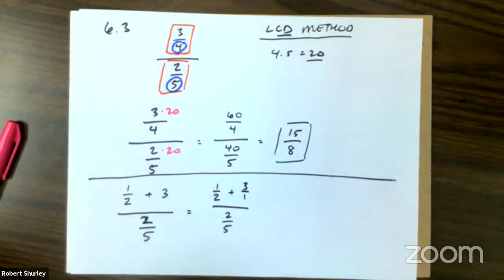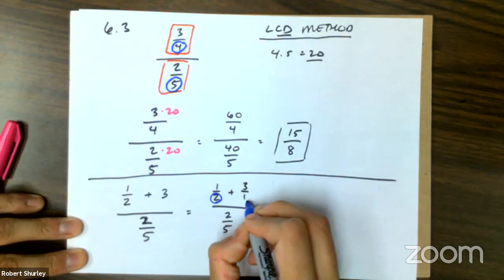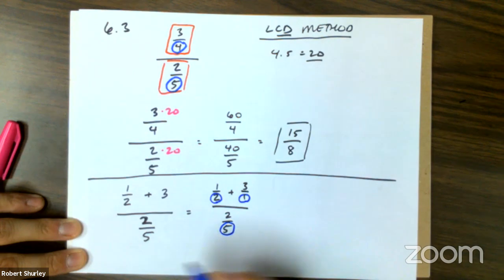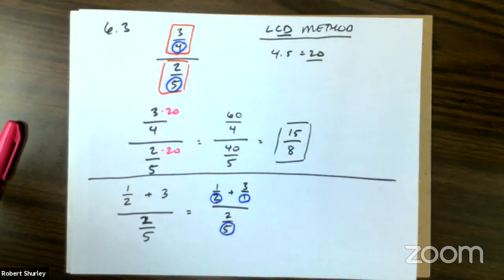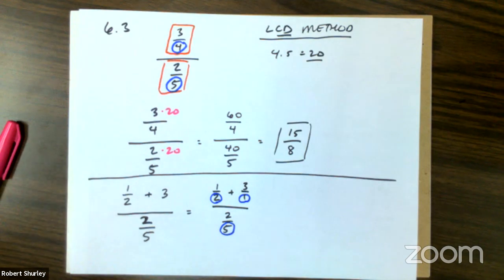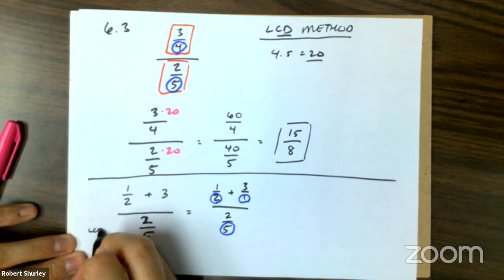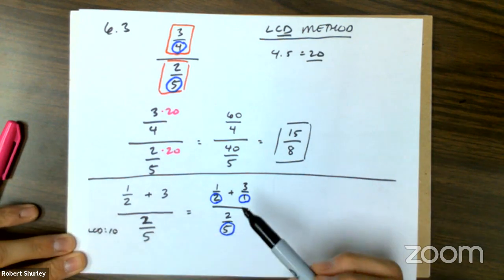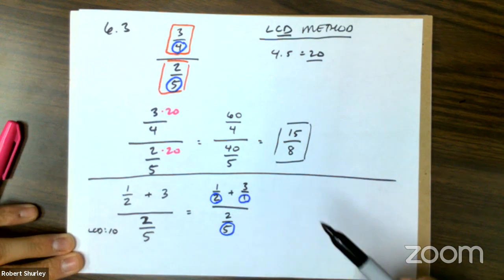Then I'm going to look at all three denominators: 2, 1, and 5. What's the least common multiple of 2, 5, and 1? It's going to be 10. The least common denominator is 10, which is divisible by 2, by 5, and by 1.